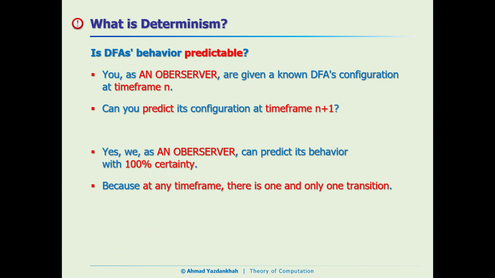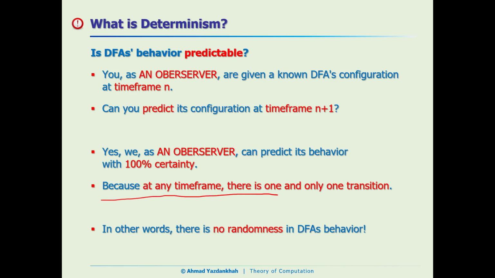It means that at any time frame, when you have the configuration of the machine, you can predict what would be the next configuration. So there is no randomness in the behavior of this machine. Why is that so? How come we can predict that? Because at any time frame, there is one and only one transition.